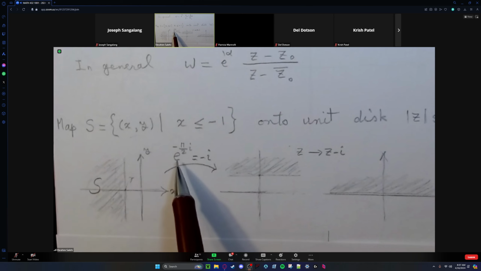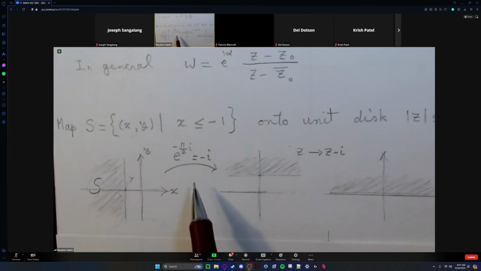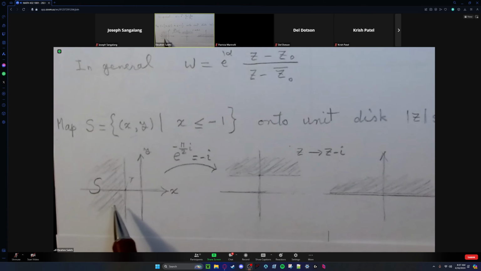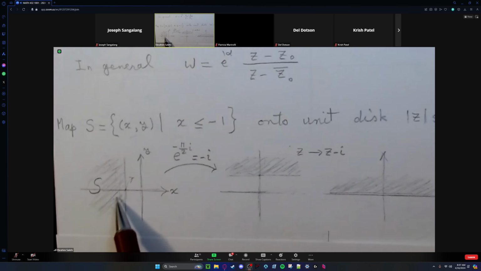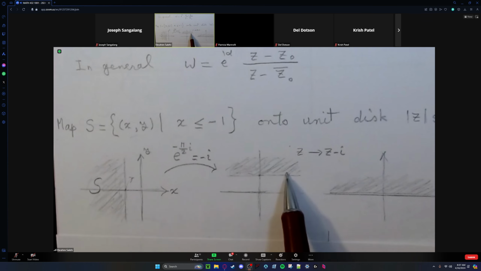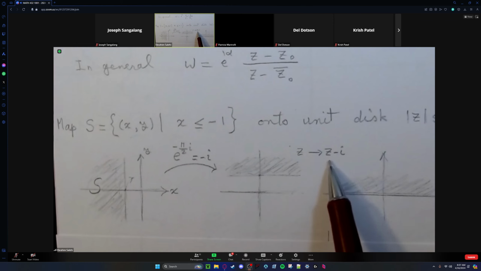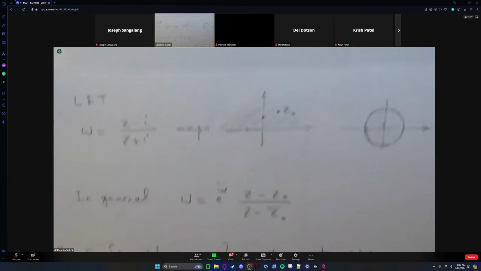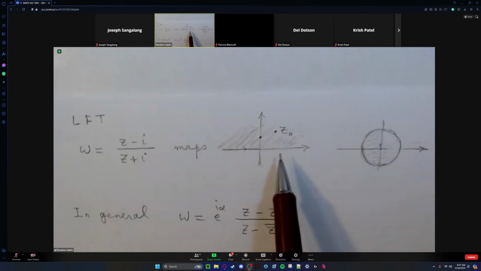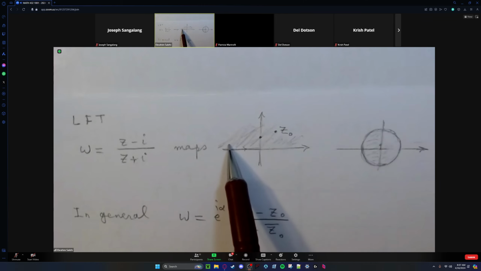And 90 degrees means multiplication by e to the negative pi over 2 i, which is negative i. So multiplication by negative i converts this half plane into this one. Then you bring one unit down, which is this, all right? And now you apply that transformation that we know maps the upper half plane into the unit disk.